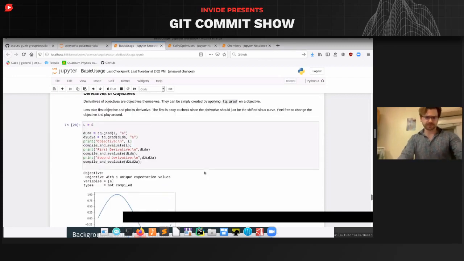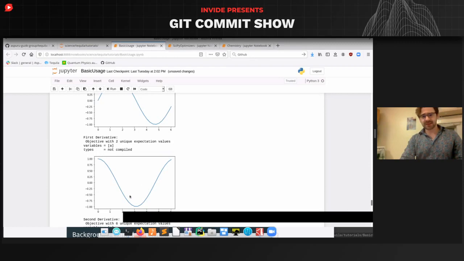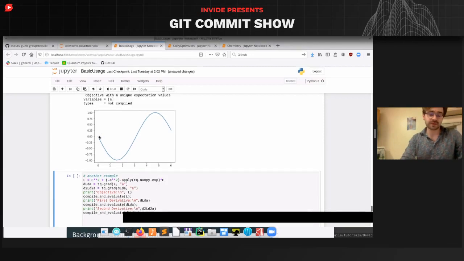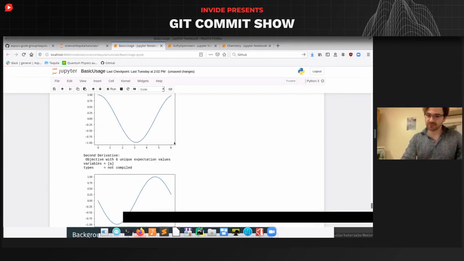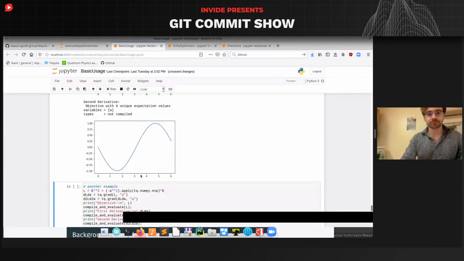So you see here, if we take the gradient of some objective, here we know that it's this sinusoidal function. We get back that its gradient has this over the variables, just like we'd expect for that sinusoidal function. And the second derivative is, as we are expecting for sinusoidal functions, the negative of the original.